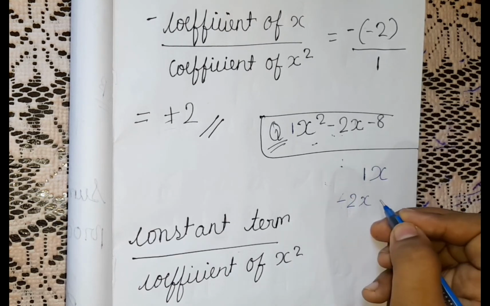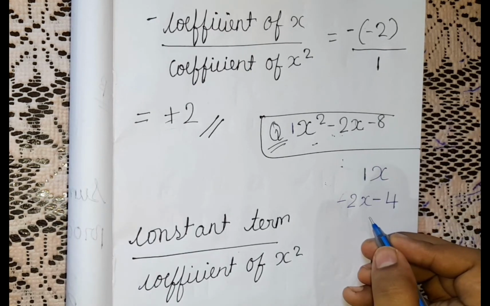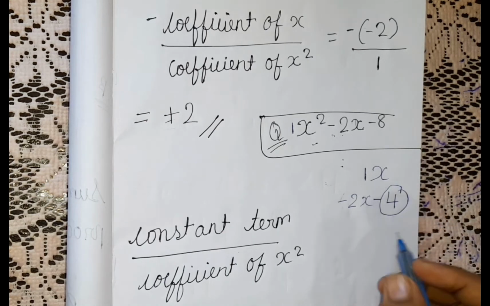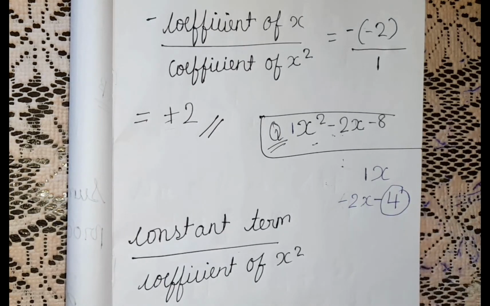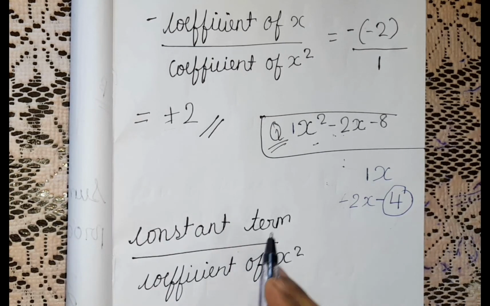So in minus 2x minus 4, the constant term is 4. Why? Because this minus 4 doesn't have a variable or alphabet. All the numbers which don't have a variable or alphabet, we take as the constant term. So we are going to be finding the constant term in the question.